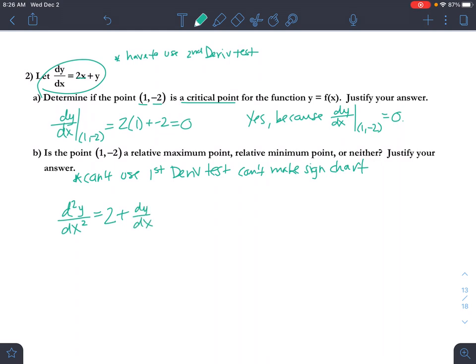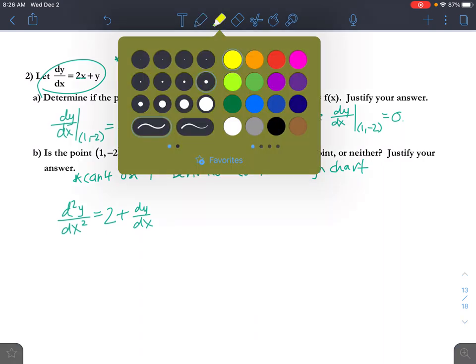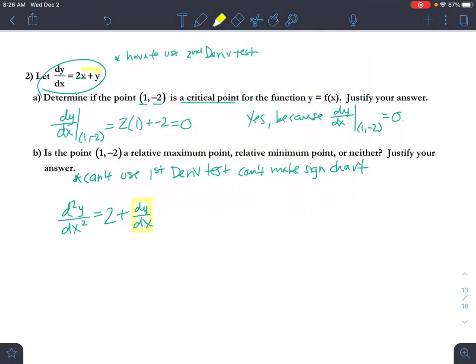Okay, so the second derivative is 2 + dy/dx. That's from implicit. Obviously, dy/dx doesn't really mean much this way, so we are going to replace it with 2x + y. So we're just going to substitute in. The second derivative is the same thing as 2 + 2x + y, right? Because that's just replacing dy/dx. All right, so there's our second derivative.